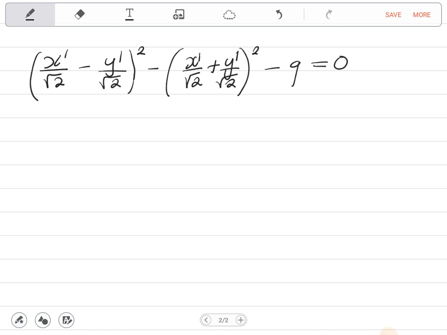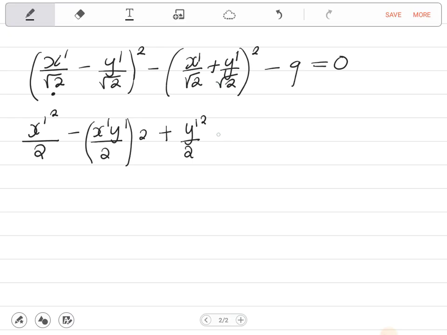Okay, so expanding this one, you square this one, which will give you x prime squared over 2, since squaring the root will just give you 2. This times this will just give me minus 2 x prime y prime over 2. Now it's coming twice, so I'll multiply by 2. Then plus squaring this one, we have y prime squared over 2.